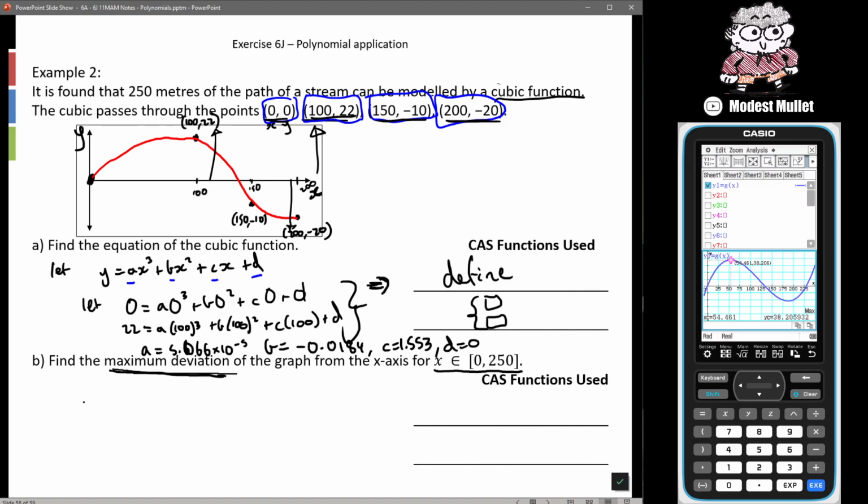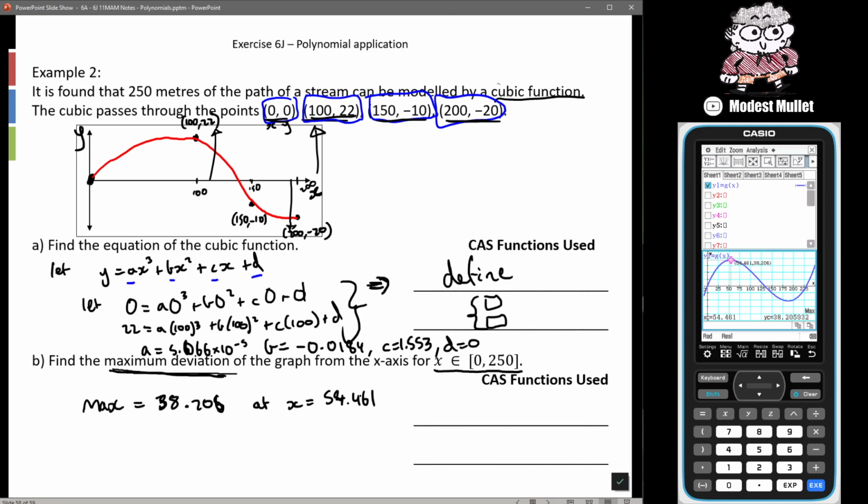Max is actually equal to 38.206, because it's the Y value, at X equal to 54.461.